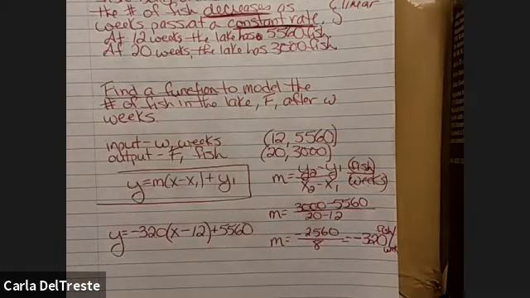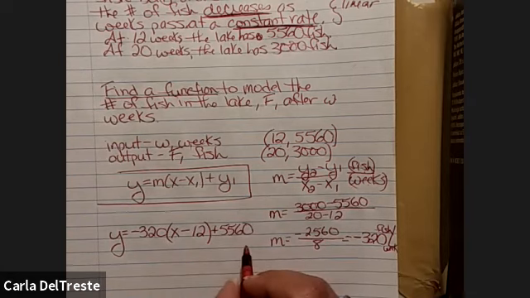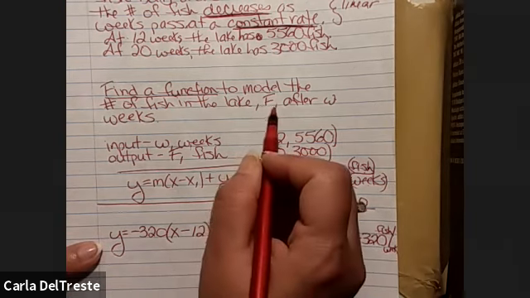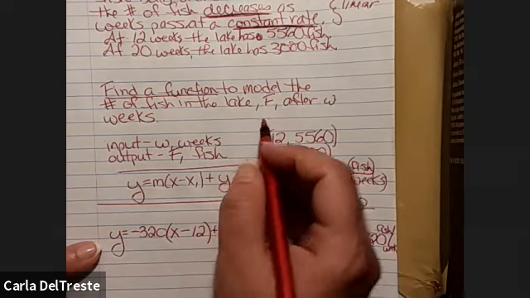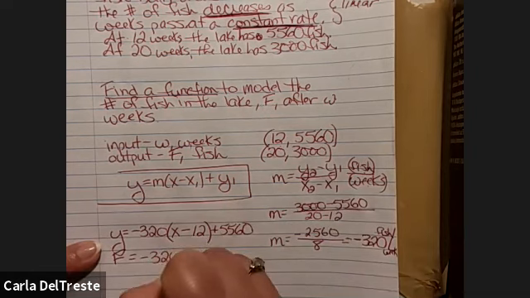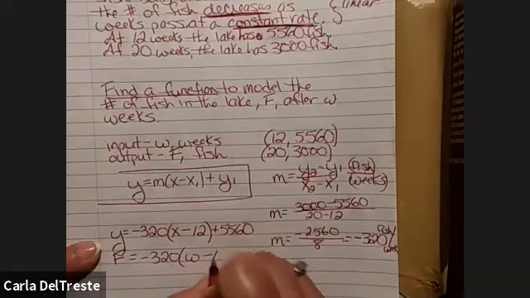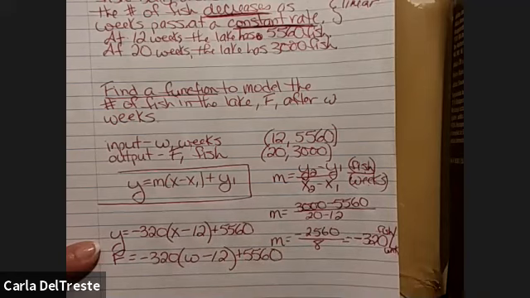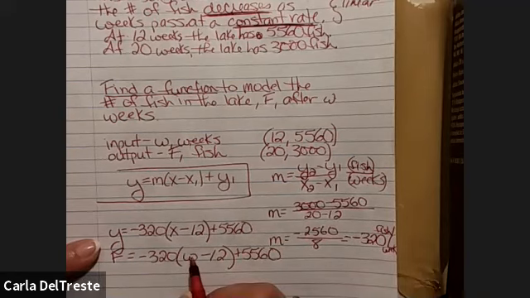They didn't say what kind of model it had to be. So this is a function. My problem, though, is that I need to get away from x and y. Got to get back to the variables they were using. So F equals negative 320 times (W minus 12) plus 5560. And now I have my weeks and my fish.